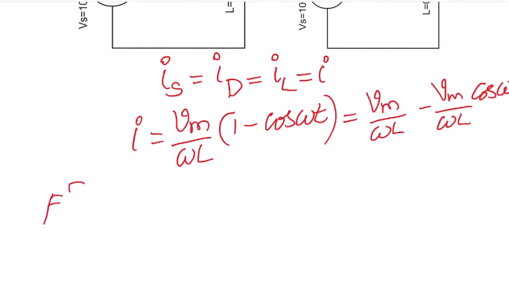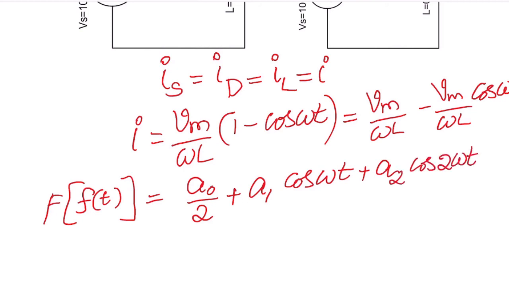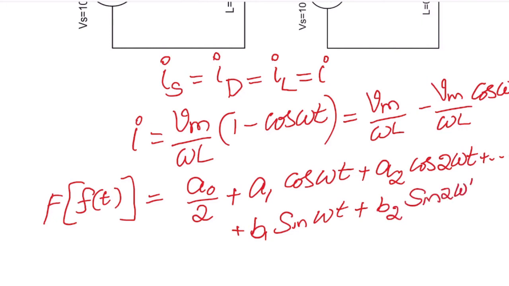Now, you all know that the Fourier series of f of t can be represented as a naught by 2 plus a1 cos omega t plus a2 cos 2 omega t and so on, plus b1 sin omega t plus b2 sin 2 omega t and so on.